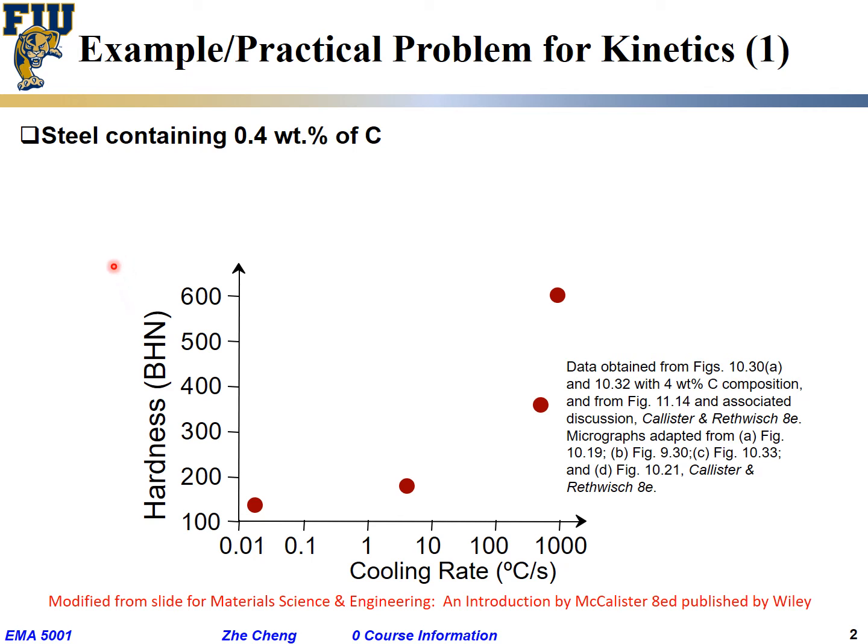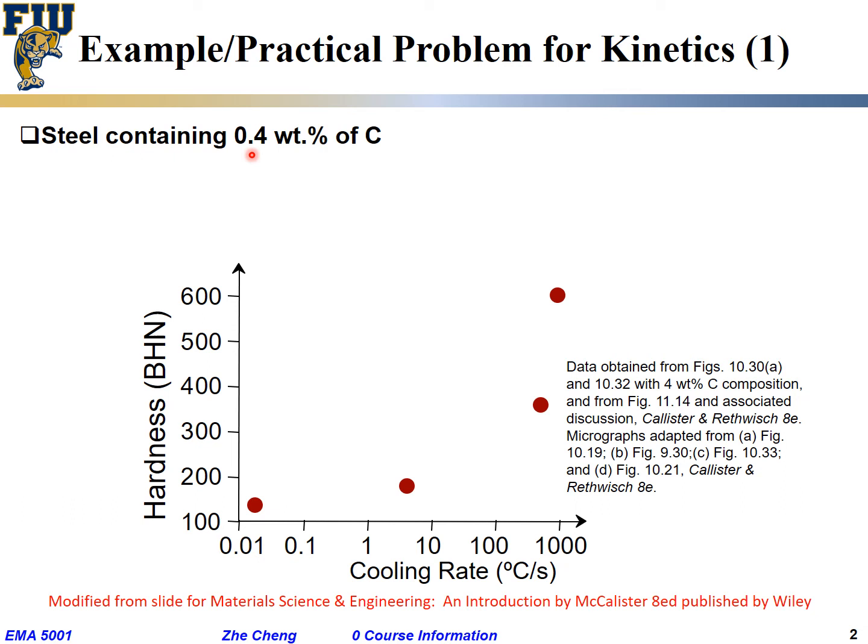What we are looking at is hardness, how hard a material is. For steel, a type of iron carbon alloy with pretty much all iron and a very small bit of carbon.